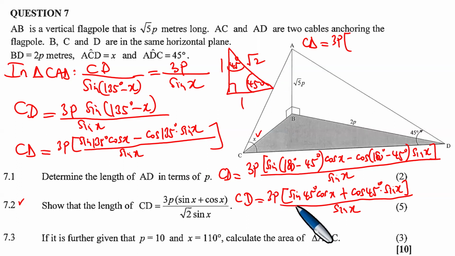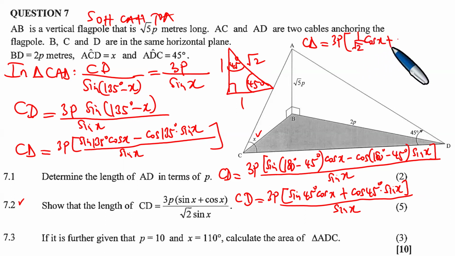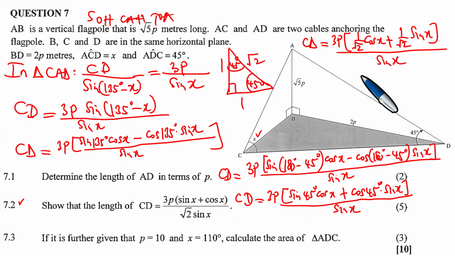You would then say the sine of 45 degrees becomes what? Then we're going to use SOHCAHTOA. The sine is opposite over hypotenuse, which means it is 1 over the square root of 2, cosine X, plus 1 over the square root of 2, sine X, all over sine X, which is CD.